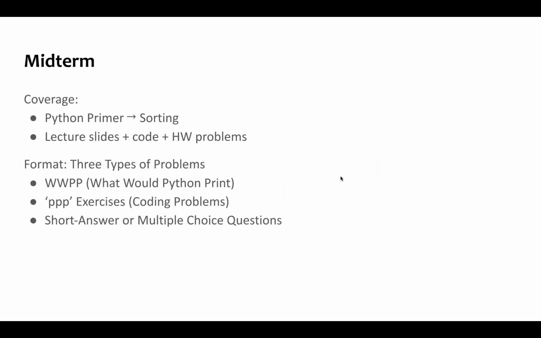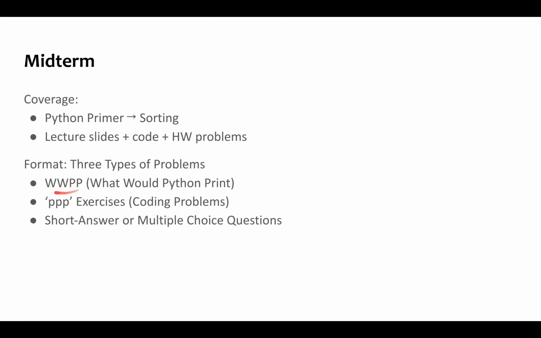And regarding the midterm, the coverage is from Python primer to sorting. You could refer to lecture slides, the lecture code and homework problems. The problem types are going to be as follows. We are going to have 3 types of problems.